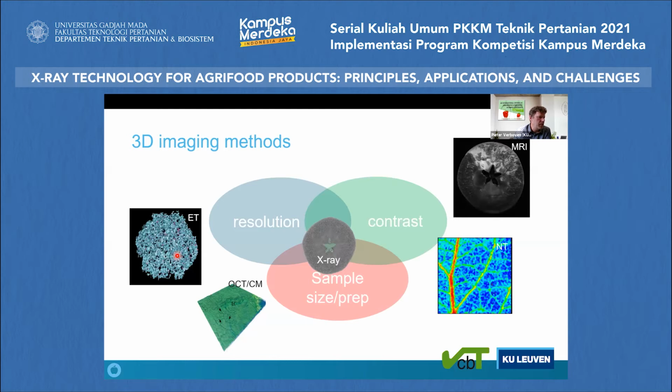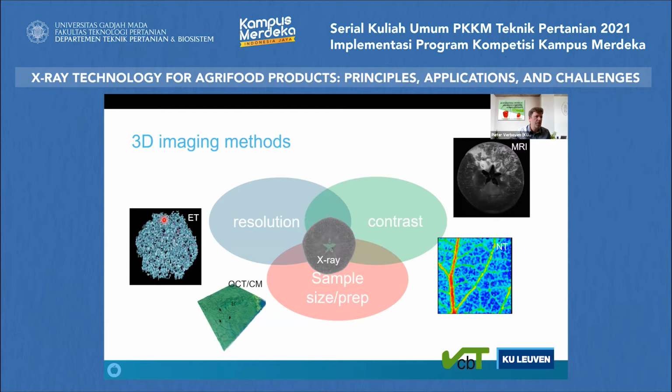You might need labeling and so on. So it's not that easy to use either. So in terms of resolutions, these are preferred over these. But in terms of contrast with respect to structure, maybe these are more preferred. And then you need to consider, of course, what you need in terms of sample size and the preparation that you need to do for scans.